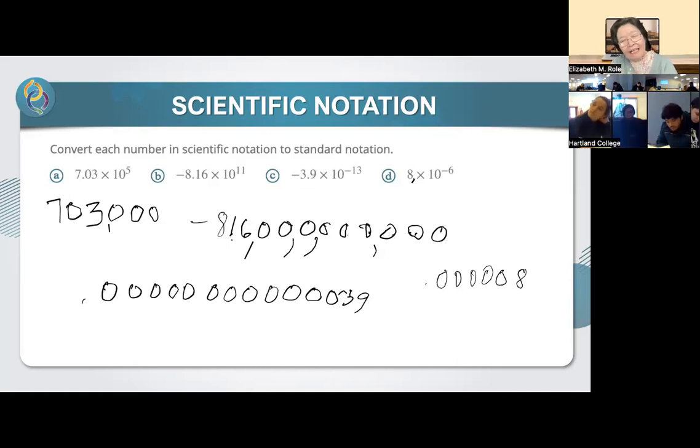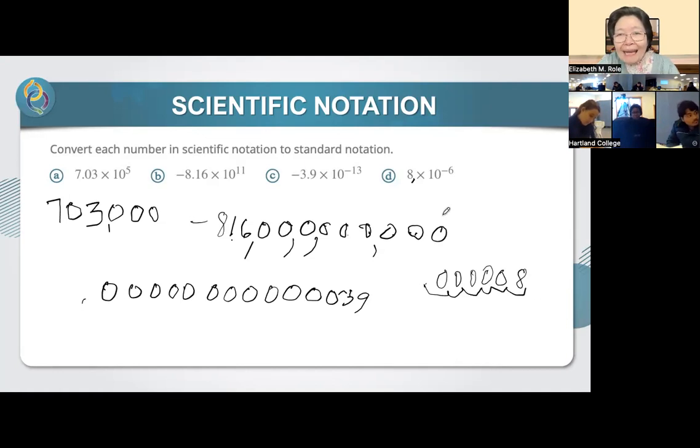Now, if you change it to scientific notation, you count 1, 2, 3, 4, 5, 6. That's why that's 10 to the negative 6. But if you are changing it to the other side, then the number of zeros you will be adding would be one less than the number that you have as a power after the decimal. So for the 3.9, you're adding 12 zeros to the left so that it will become a decimal.